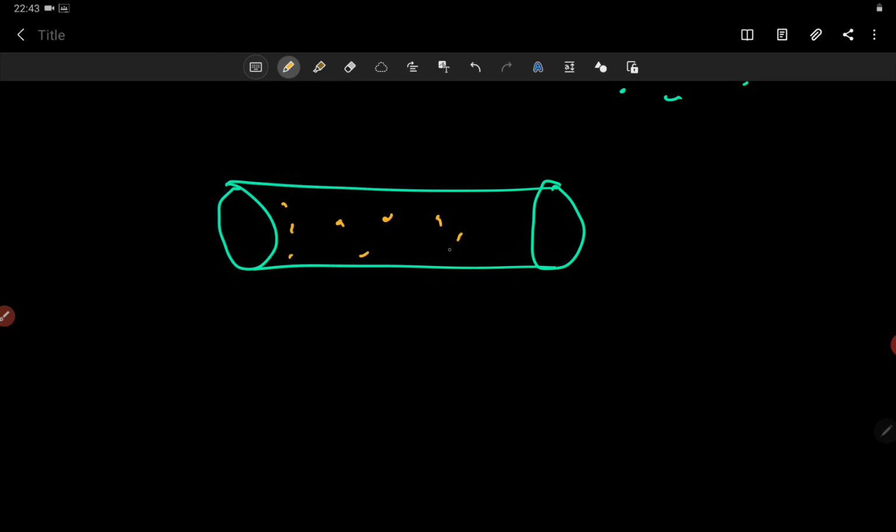They move randomly, in any direction: this might move towards your right hand side, this towards your legs, this towards your head, this towards your left hand side. So they have a random motion. These electrons which move freely under the surface of the metal, under the surface of the substance, are known as free electrons.